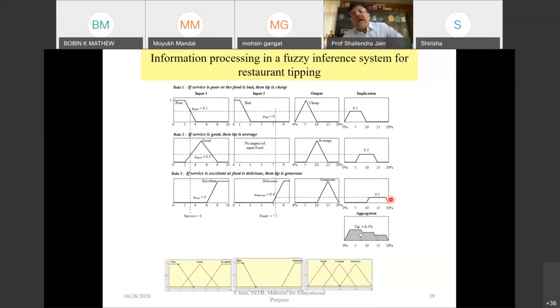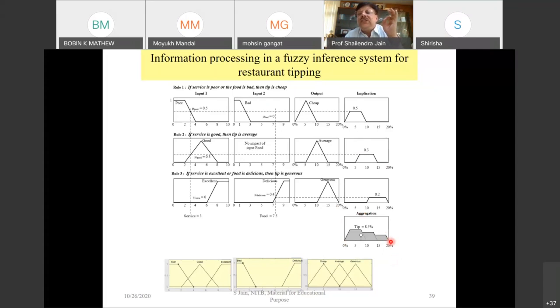Now we will combine these outputs. This is called aggregation. This is my aggregated output. Now I have to take a simple decision on what my tip should be, so you need to apply defuzzification. For defuzzification, one possible way is the center of area or center of gravity, finding the center of gravity of the shaded portion.